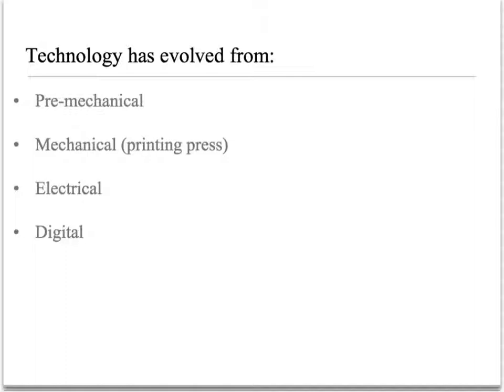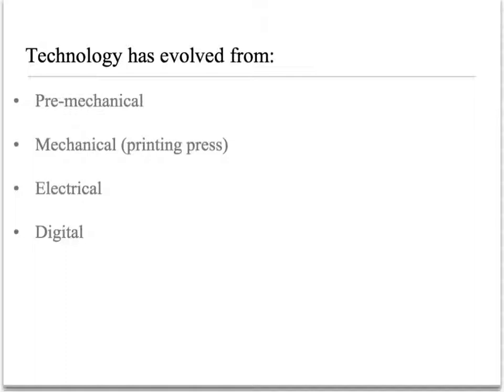Technology has evolved from the pre-mechanical phase, where forms of information and communication technologies such as quill, ink, and paper were used for legal proclamations and religious documents, to the mechanical phase, through the creation and use of the printing press. Books became the new technologies during this phase. In the electrical phase, the widespread use of the phonograph, radio, and television increased opportunities for communication.